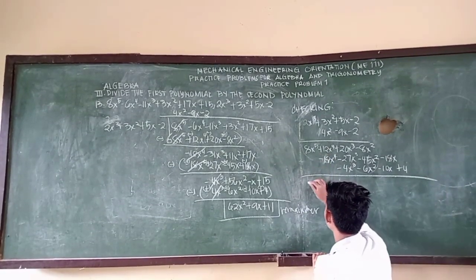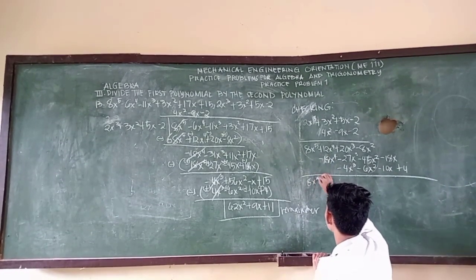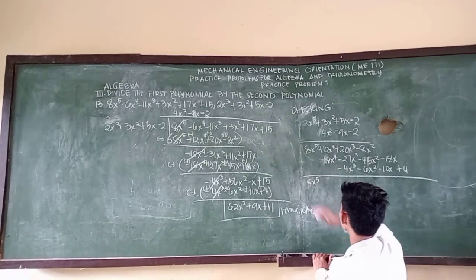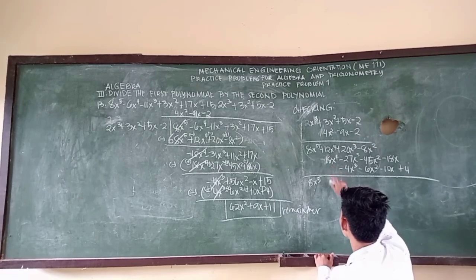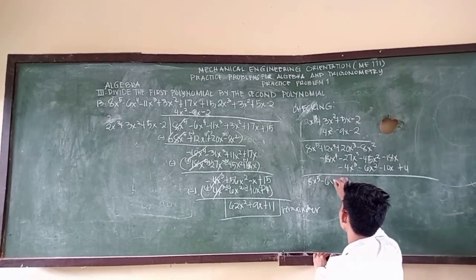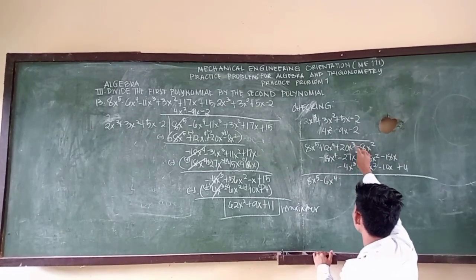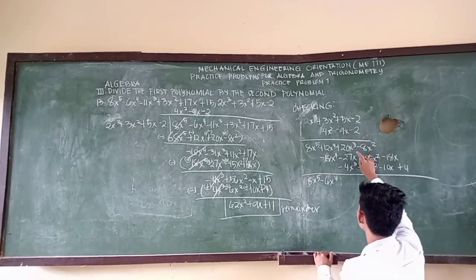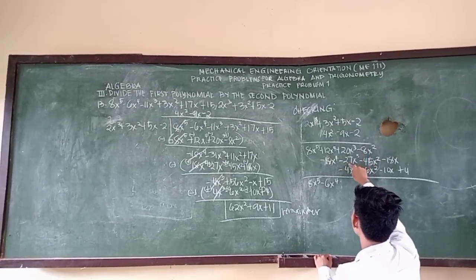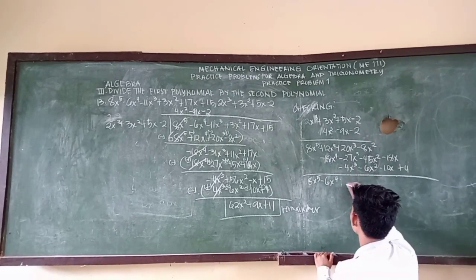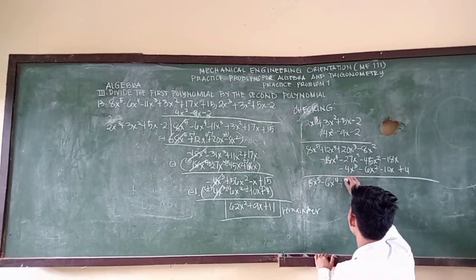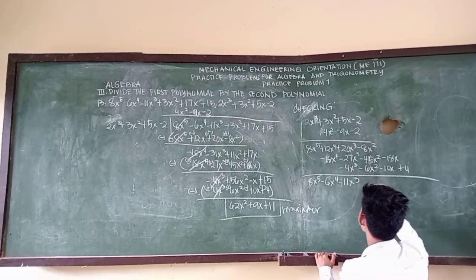Bring down 8x to the fifth. Negative 12x to the fourth minus 18x to the fourth is negative 6x to the fourth. Then 20x cubed minus 27x cubed minus 11x minus 14x cubed is 11x cubed.